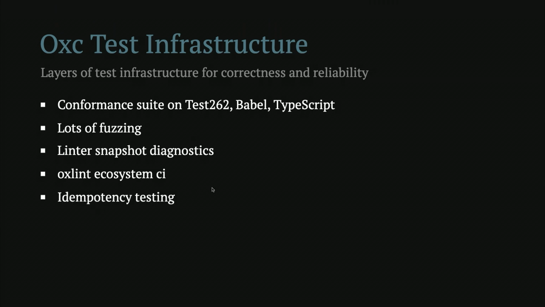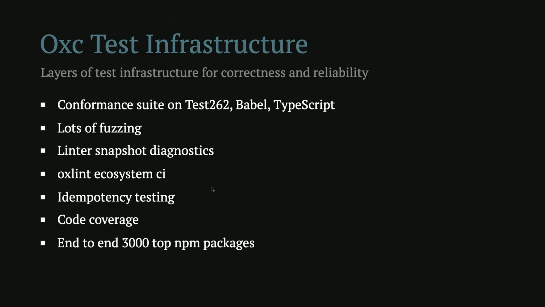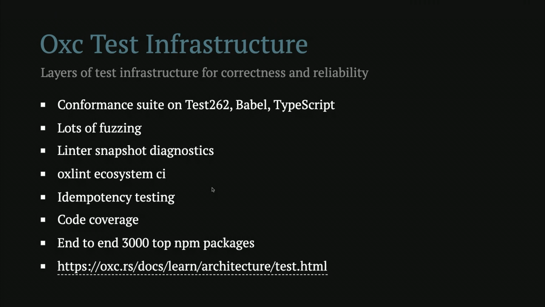That's where you run a test twice and see the end result is the same. And we also have code coverage. And there's an end-to-end test suite where I selected 3,000 top NPM packages, which I'm going to talk about later. So you can read about our test infrastructure on our website as well.